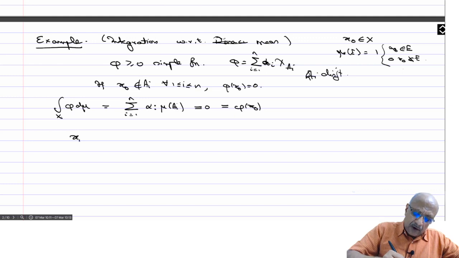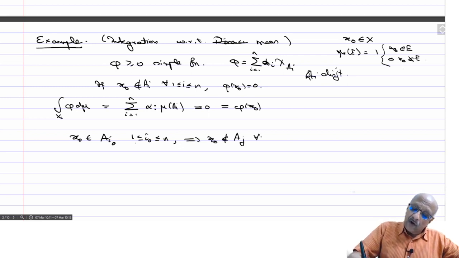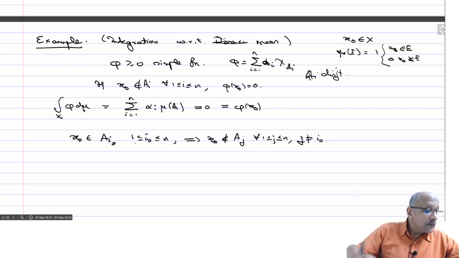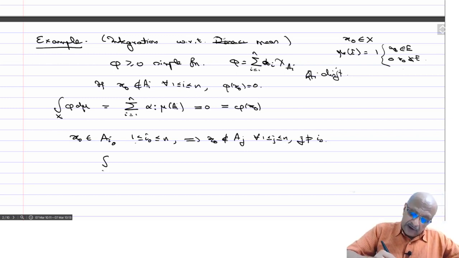Now suppose x naught belongs to A_{i naught} for some 1 less than or equal to i naught less than or equal to n. This implies that x naught does not belong to A_j for all 1 less than or equal to j less than or equal to n, j not equal to i naught. Then what is the integral over X of phi d mu?